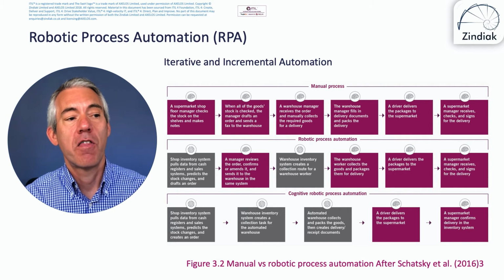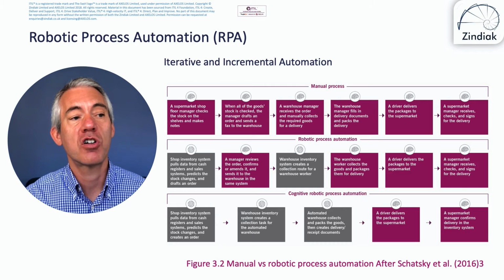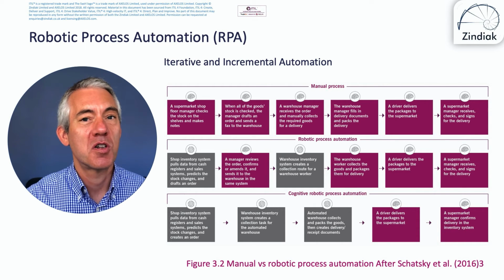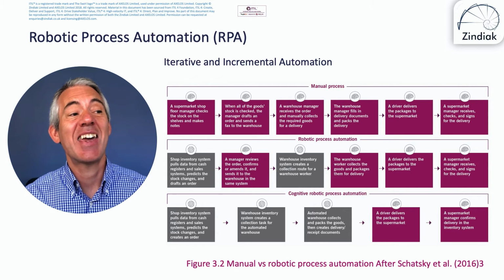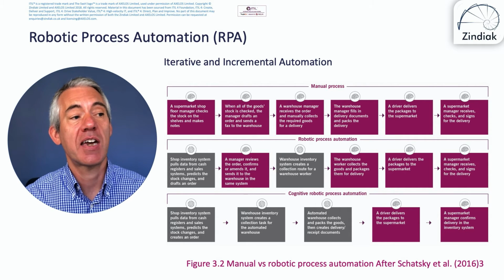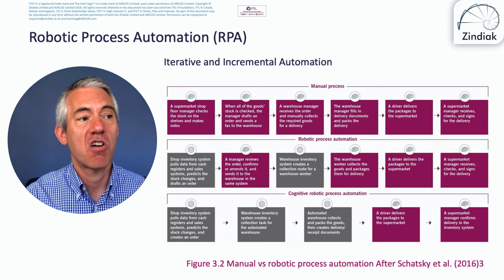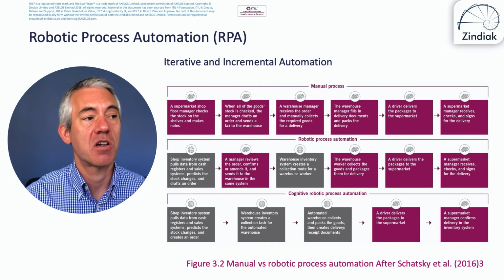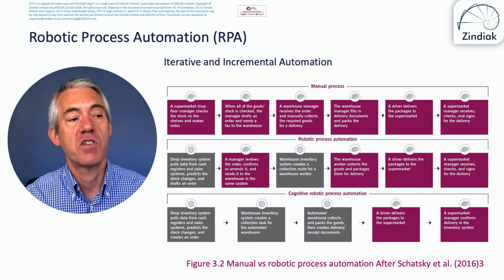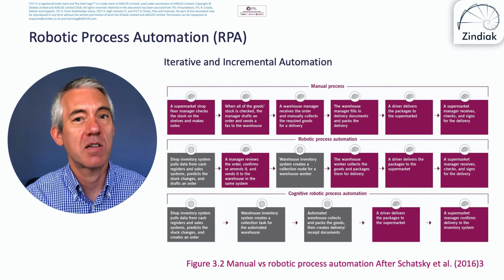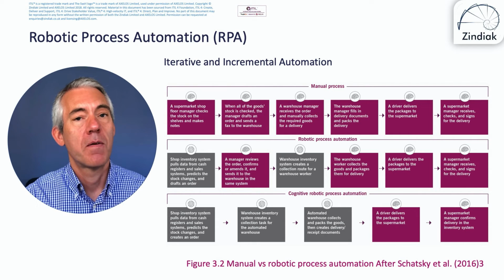And then in the third level, we've got cognitive robotic process automation, where we've actually taken a step out. So we've taken out a manager reviews the order. We're trusting the software to do that. So it's going straight from the shop inventory system to the warehouse inventory system. We've taken out a step. We don't need it anymore.